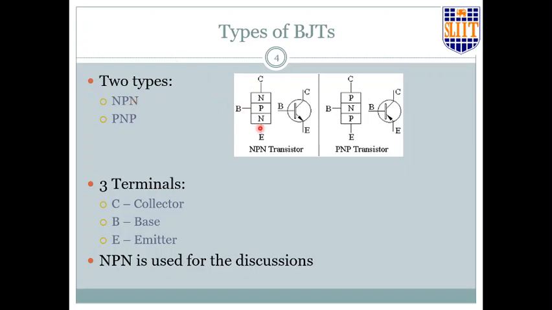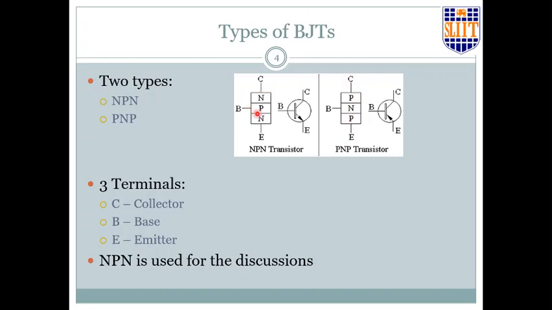So NPN and PNP simply imply the order of the layers: N, P, N and P, N, P. So in an NPN transistor we have a P layer sandwiched between two N layers. In the PNP type we have an N layer sandwiched between two P layers.